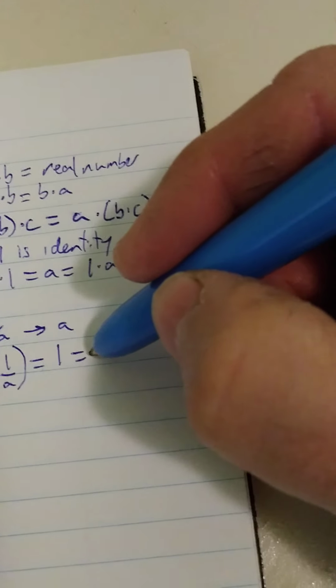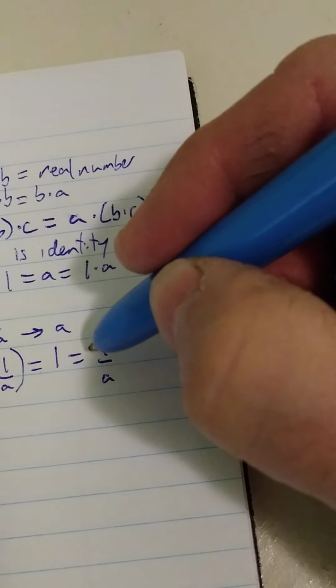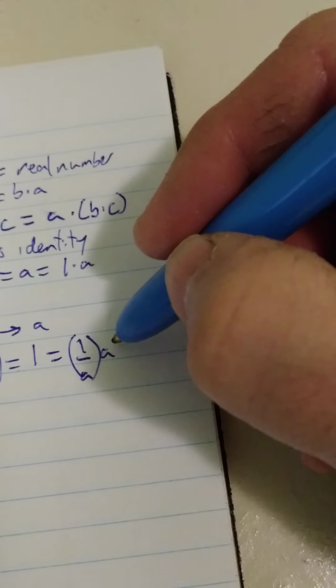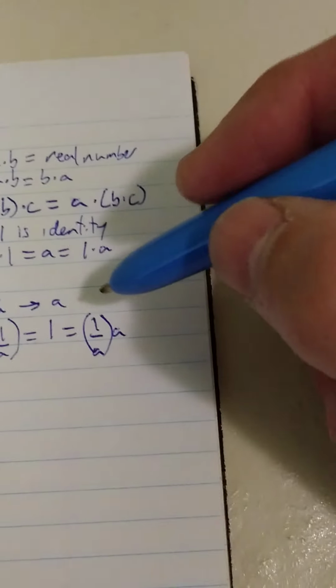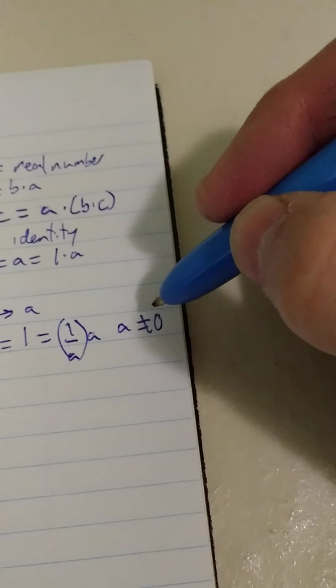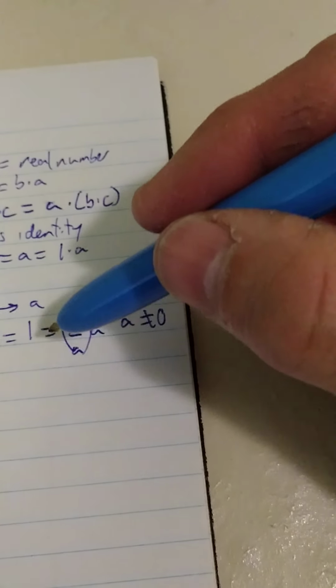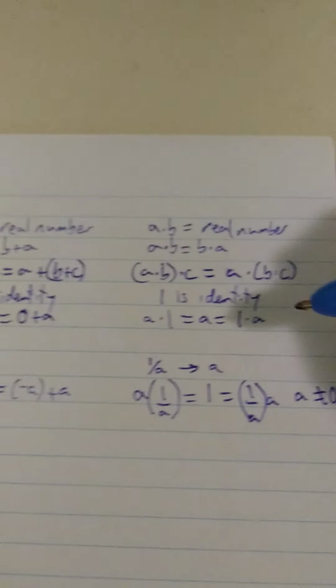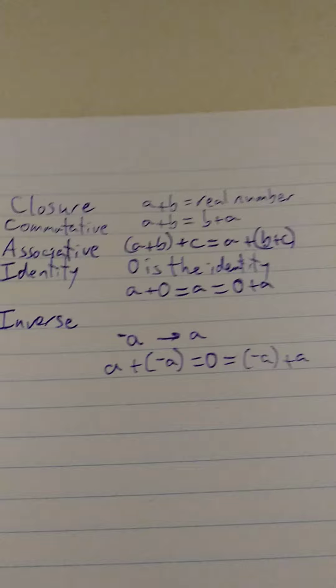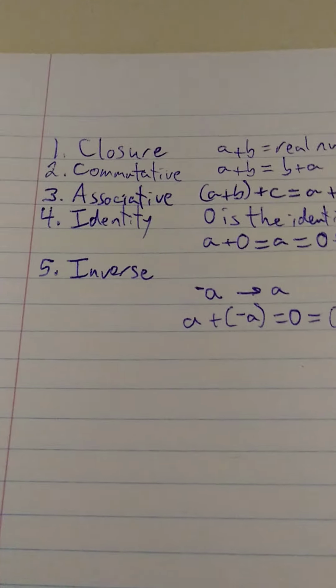Okay, and for the sake of completeness, I'll just do the commutative property. And one point to mention here is that a cannot equal 0, because dividing any number by 0 would make it undefined, which means you can't do it in mathematics.